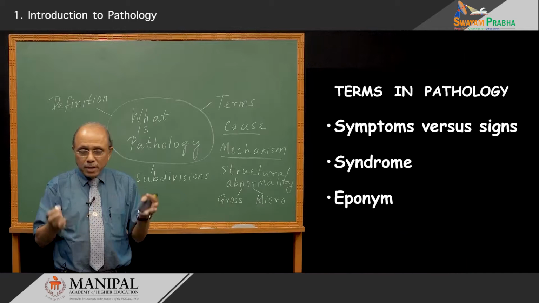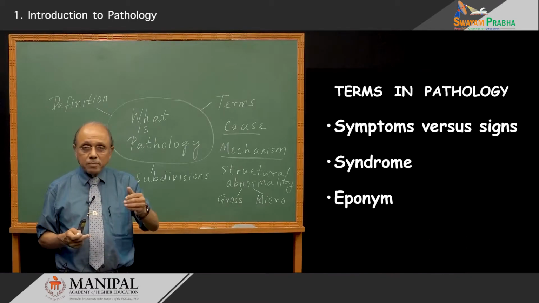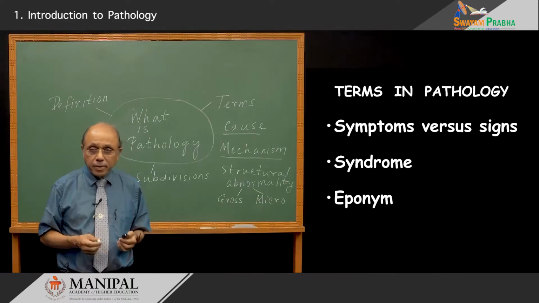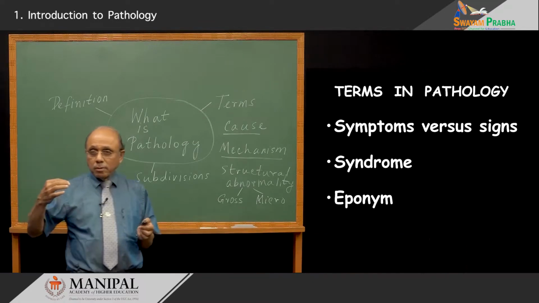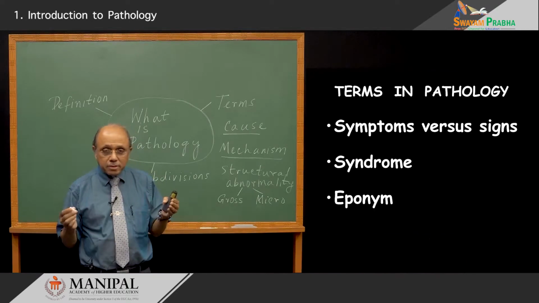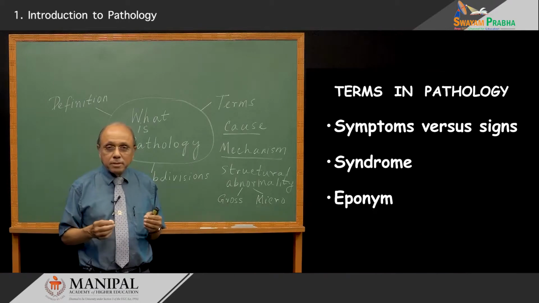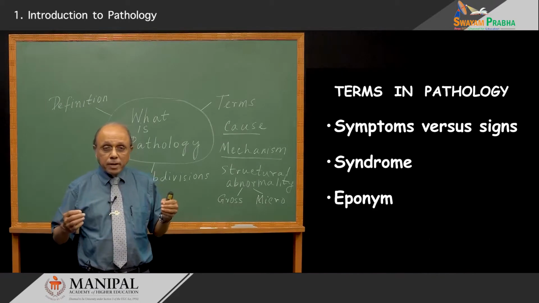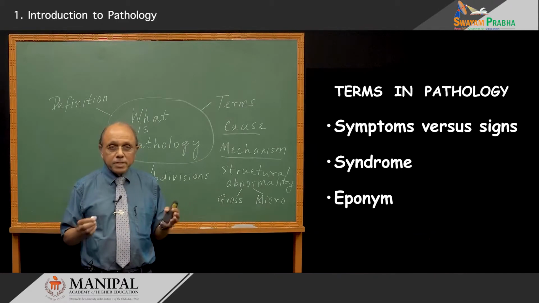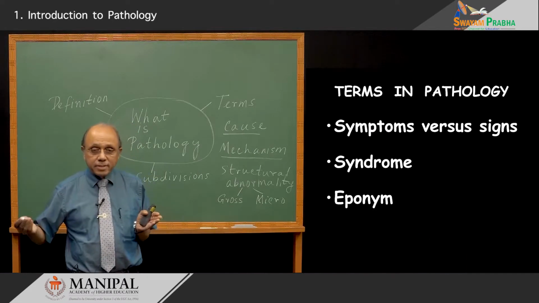So, what I am trying to tell you is that the word eponym is very useful sometimes when we talk about certain diseases in the presence of the patient. It is better not to cause concern in the patient. Suppose you were to say the patient is having leprosy. In the presence of the patient will probably feel terrified. Instead of that, when you are talking amongst yourselves as professionals, it is better to say this patient probably has Hansen's disease.